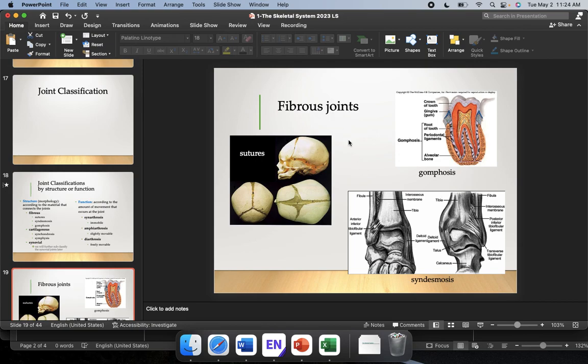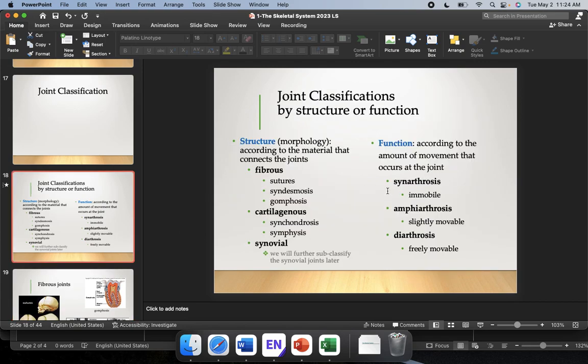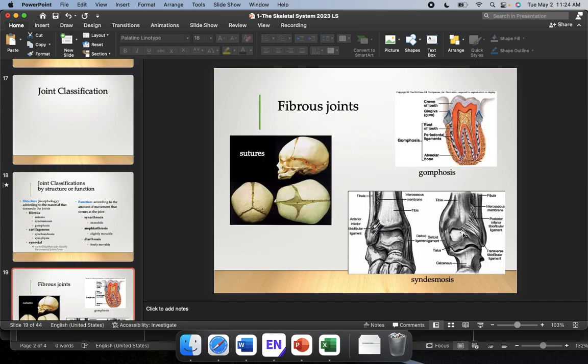And then the third type is a syndesmosis, also known as an interosseous membrane, found between the radius and the ulna or the tibia and fibula, connecting those bones into an immobile or slightly movable joint, so a synarthrosis or amphiarthrosis.